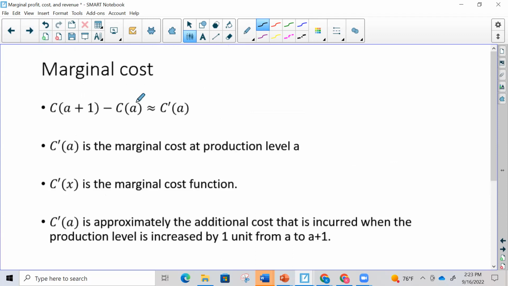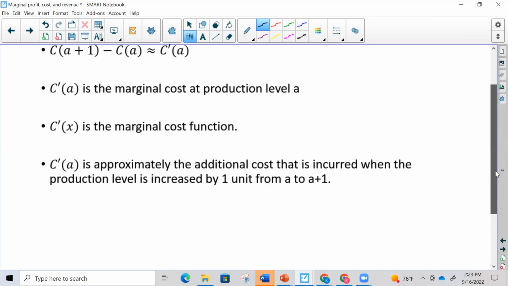So then we have this idea of marginal cost, and marginal cost is a way to approximate this change in cost from the A to the A plus 1 unit. So the derivative C prime of A is called the marginal cost at a production level A. And C prime of X is the marginal cost function.